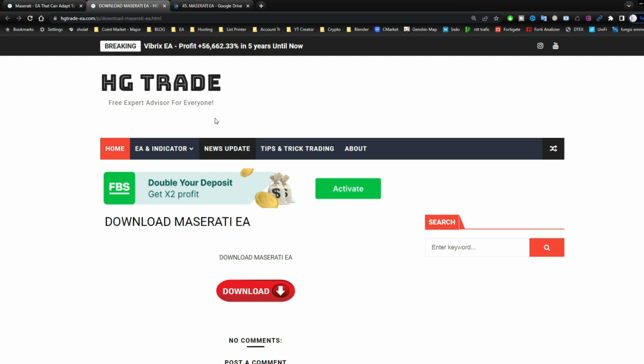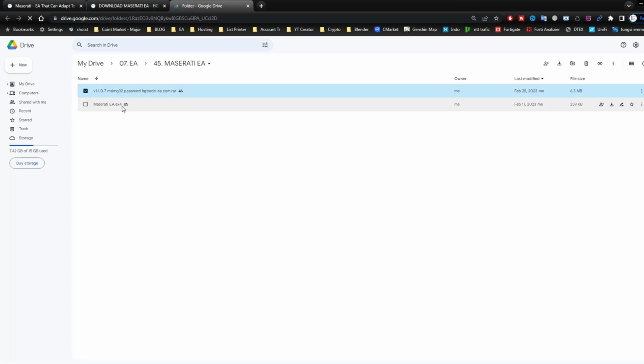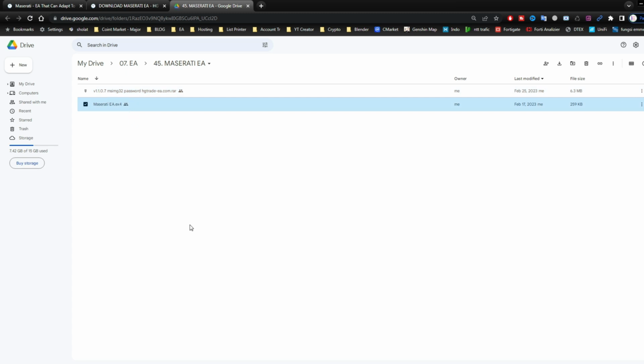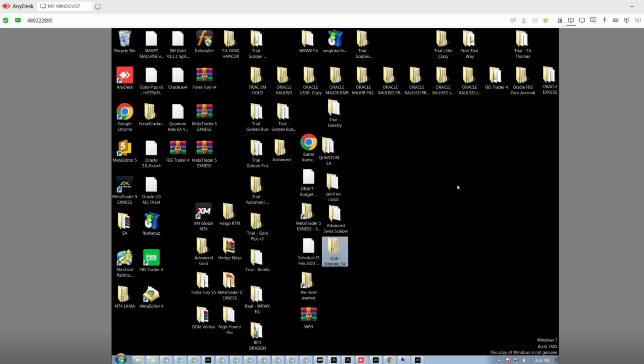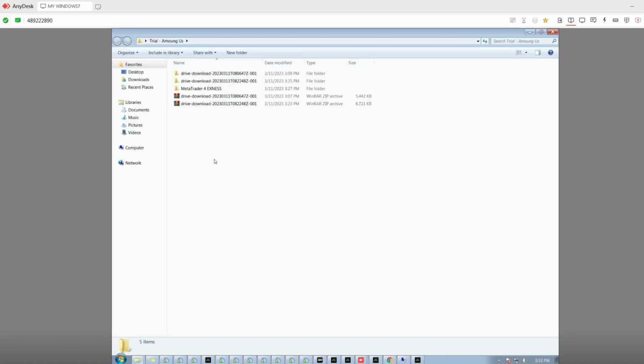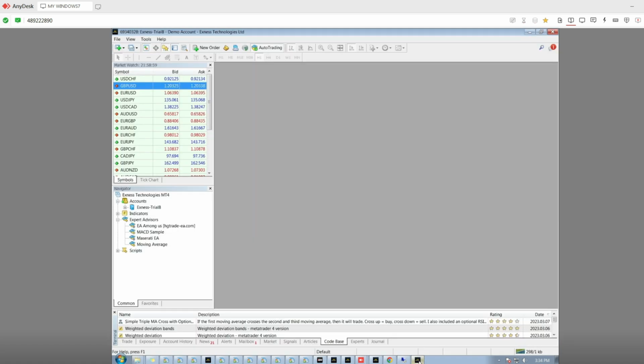Download all the Expert Advisor and mshmg32.dll files that I have shared. It is very easy to install the Maserati Expert Advisor. Just put the mshmg32.dll file in your MetaTrader main folder. This is the mshmg32.dll file that I have placed in the MetaTrader main folder. After that you run the terminal and refresh the Expert Advisor menu.